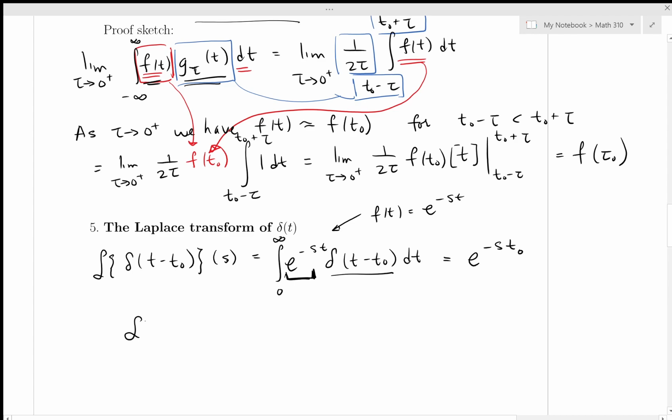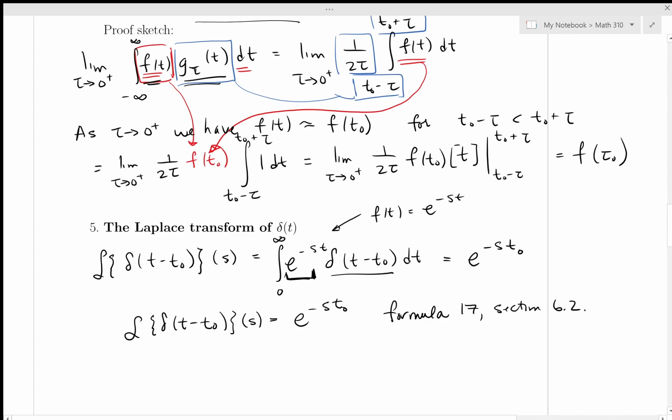The Laplace transform of the Dirac delta function at time t naught is e to the minus s t naught. And according to the Boyce and DiPrima book that we're using, 11th edition, this is formula 17, section 6.2.